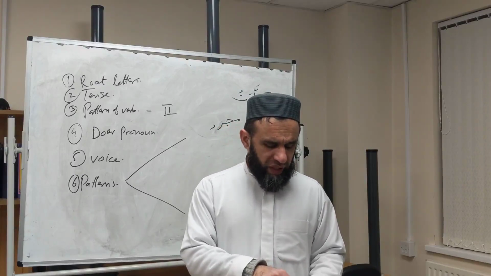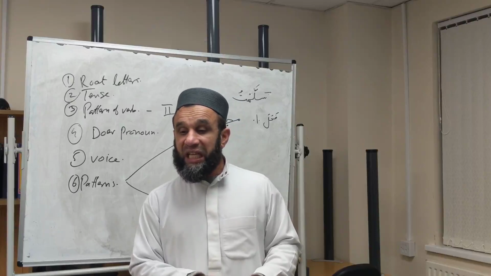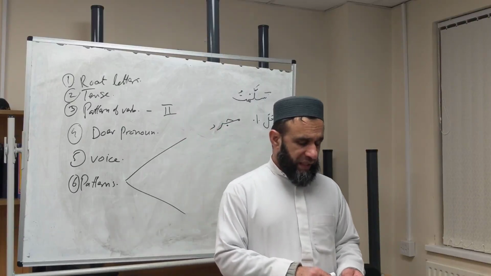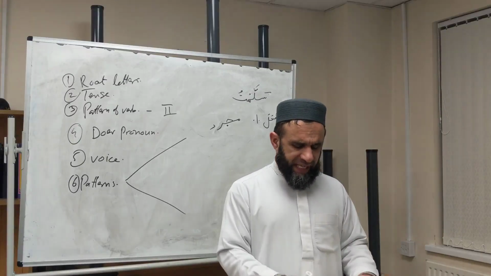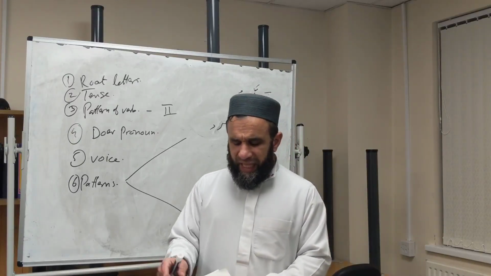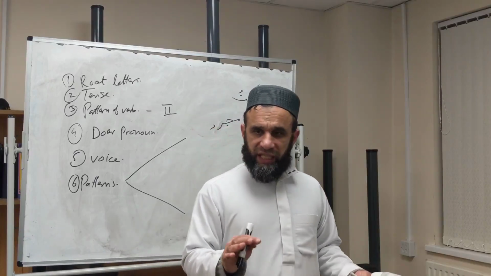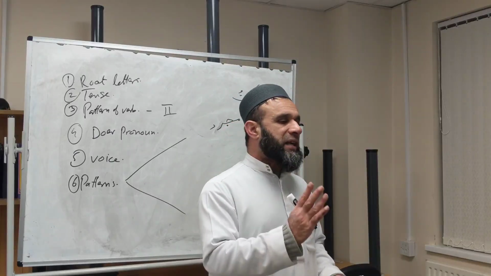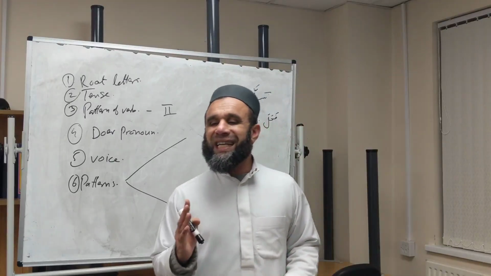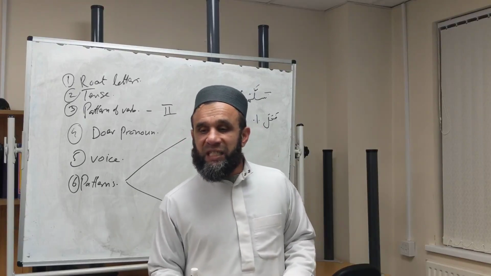If you go to the verb pattern summary, you can see it. Fa'ala yaf'alu, number 1. Can you see, everyone? Under the verb patterns, as I told you, the mujarrad themselves are how many? 6. We are not going to discuss the 6 at present, but I am telling you pattern number 1 is mujarrad.